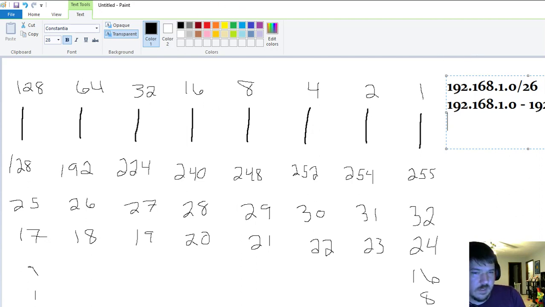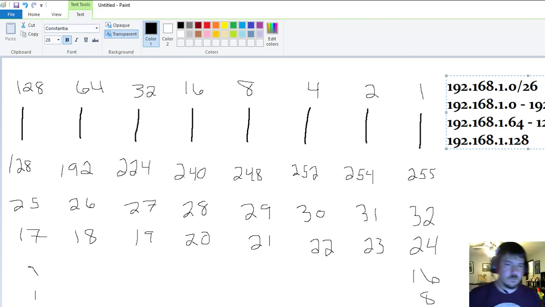And then our next one is going to be 192.168.1.64. If we did another /26, it's going to be 192.168.1.127. The next one's going to start at 1.128. 64 is 128.